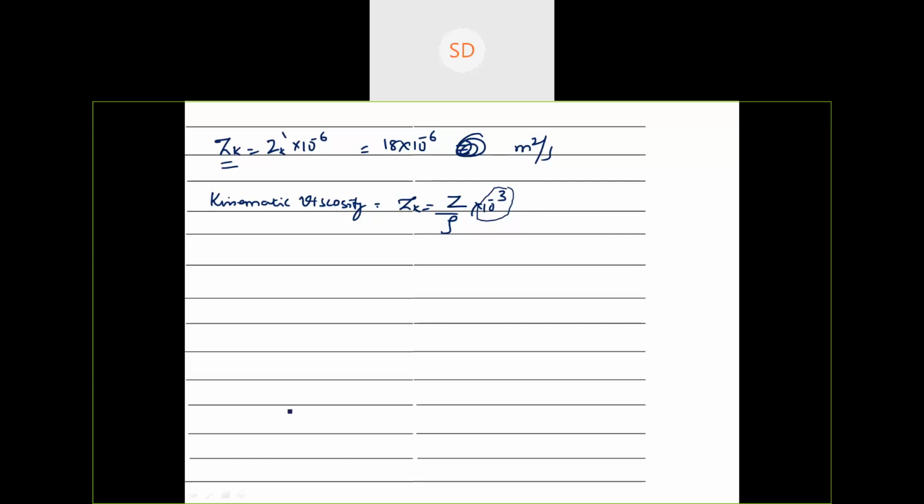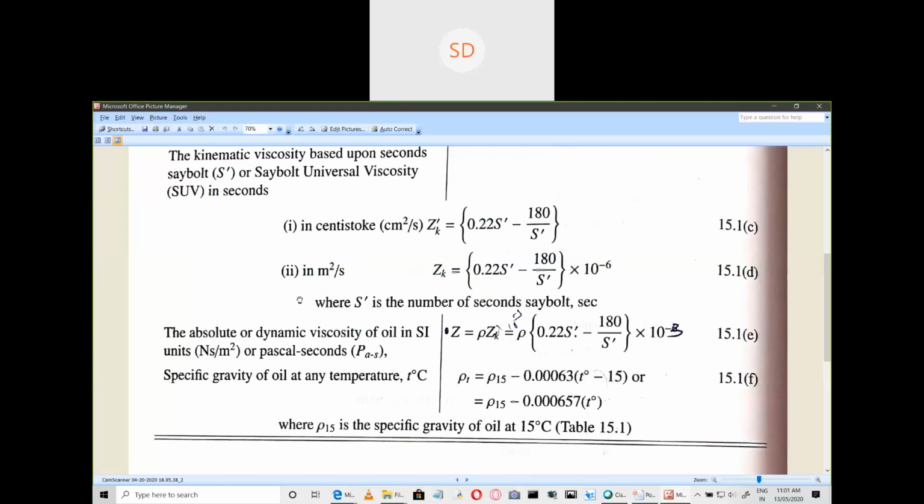Now let us calculate the specific gravity at operating temperature. Refer to the data book, you note the equation number here.